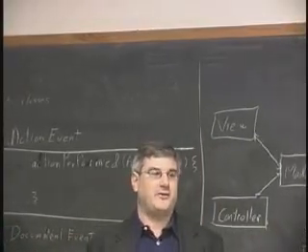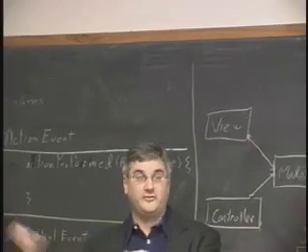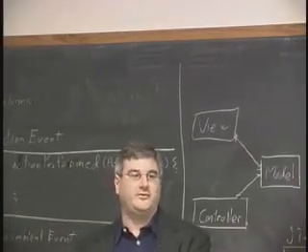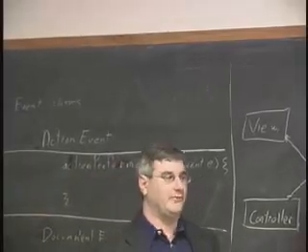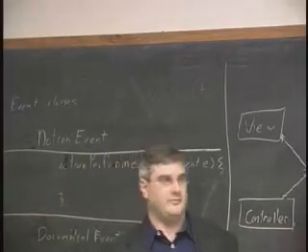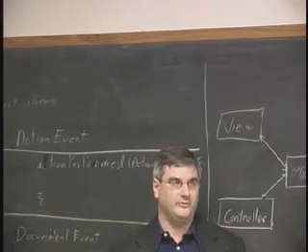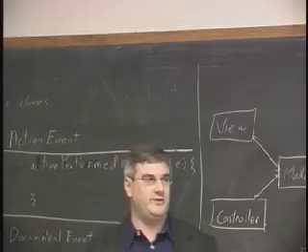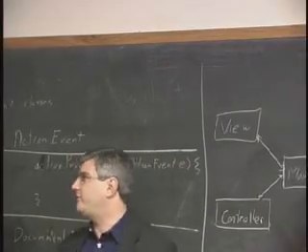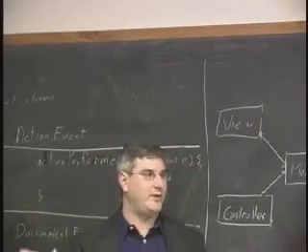Abstract action does implement listener, so it has the action performed method, but it also has a bunch of other methods that Java knows how to use that are particular to the button and menu sort of deal. In particular, you can set the text string and the command and the display icon.